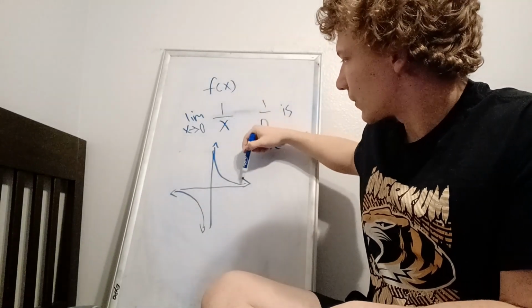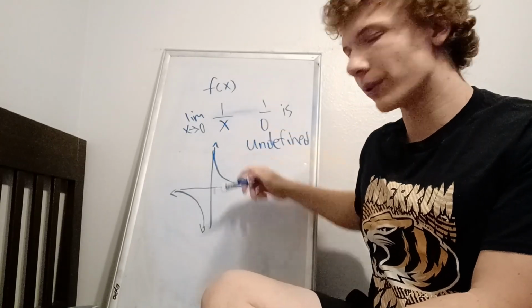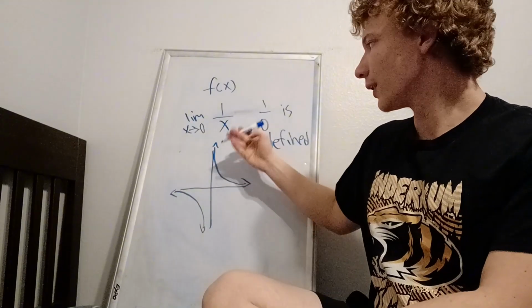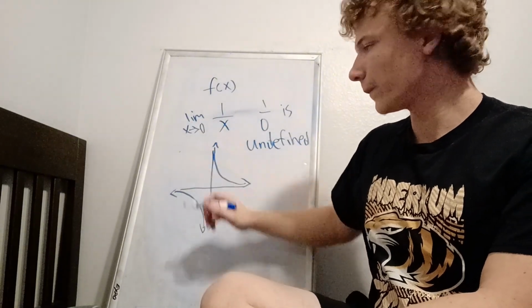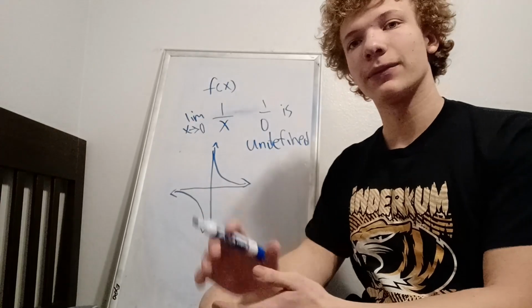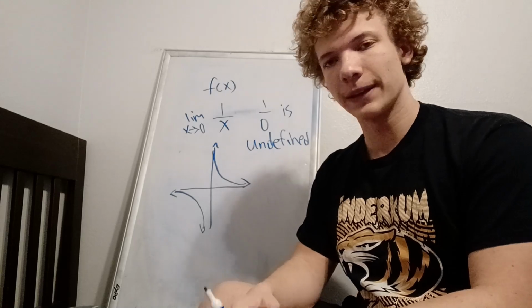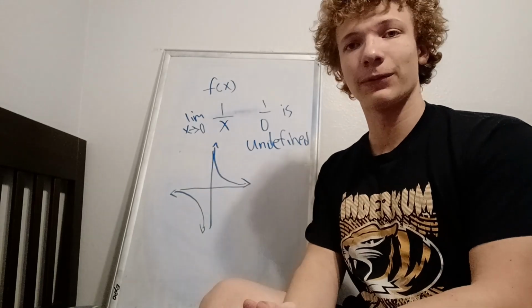As x approaches 0 from the positive direction, the function 1 over x will approach positive infinity. And if you approach it from the negative direction, it approaches negative infinity. Since these two limits are not equal, the overall limit is undefined.